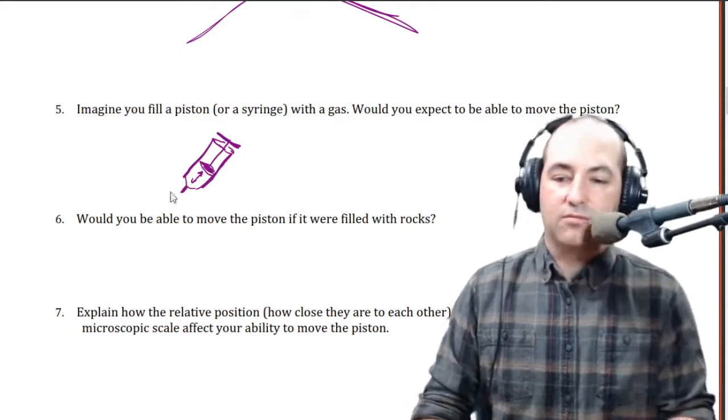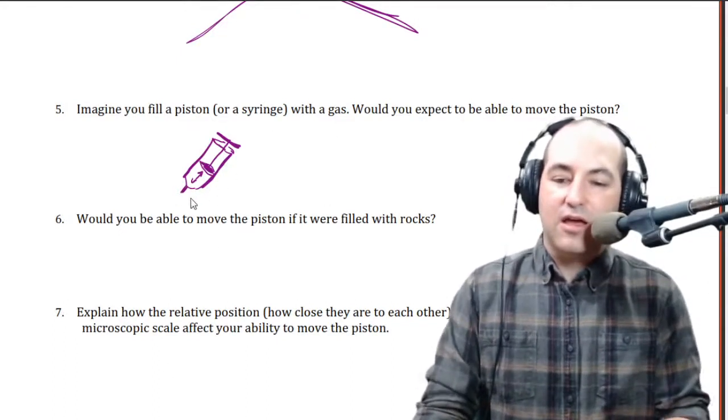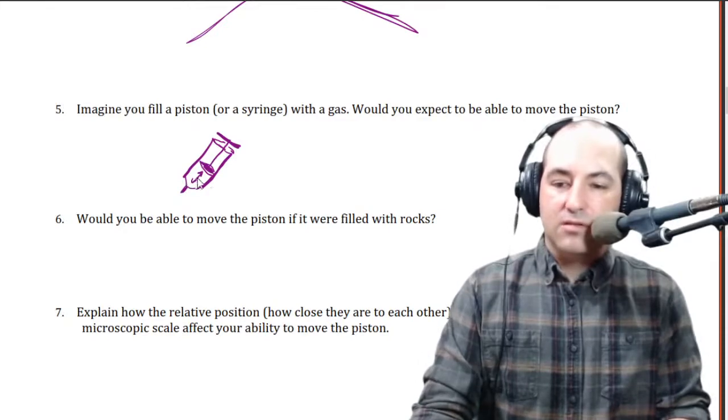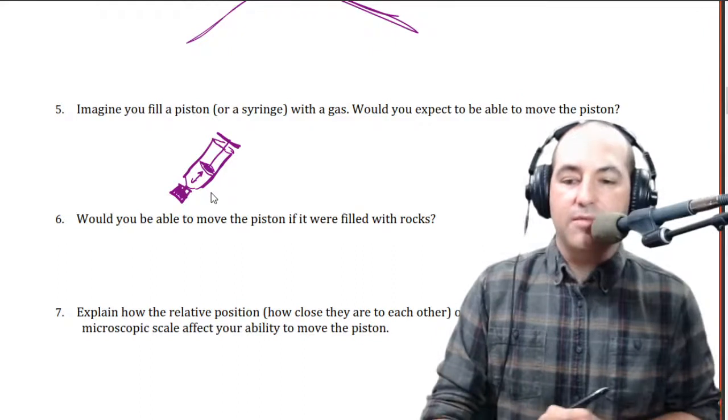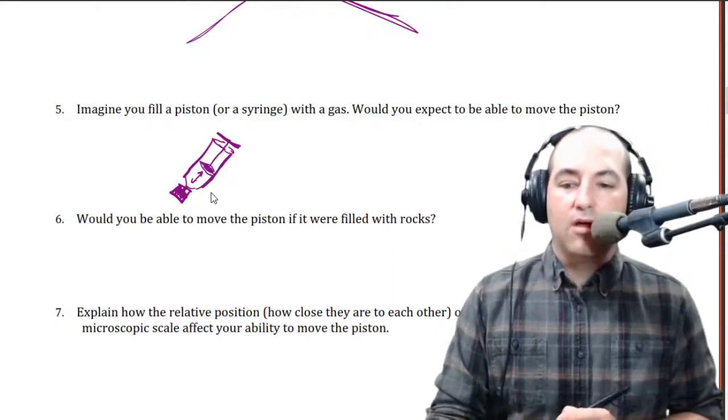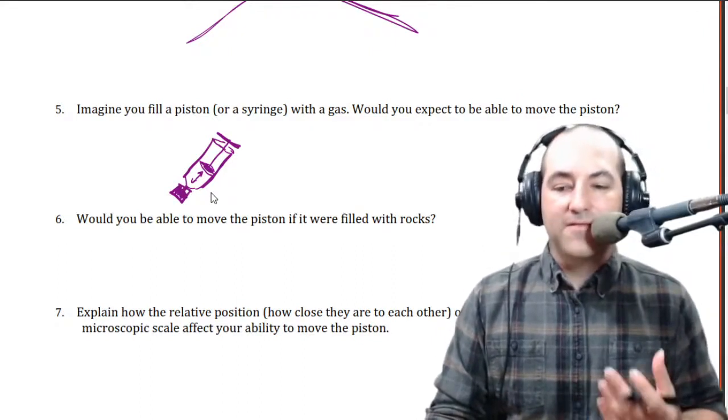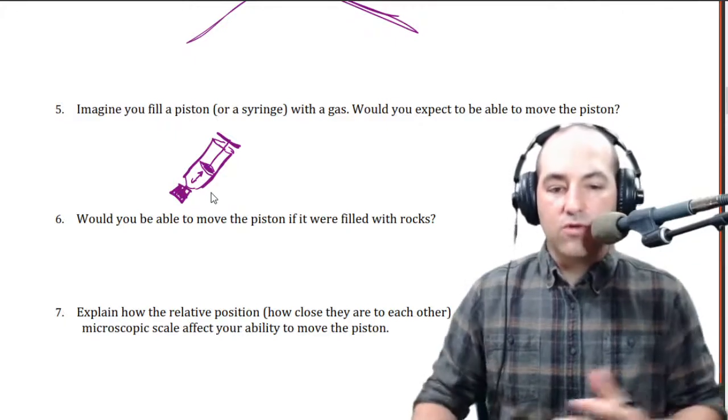Let's say we cork or stopper off this bottom, so nothing can come in or out. All right. So if you fill it with gas, can you move the piston back and forth?